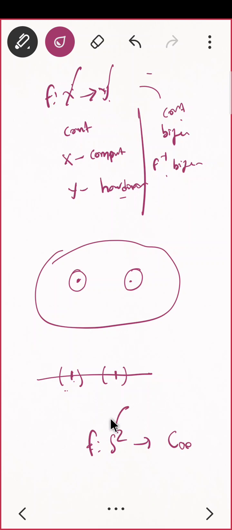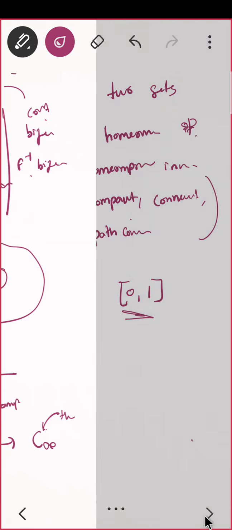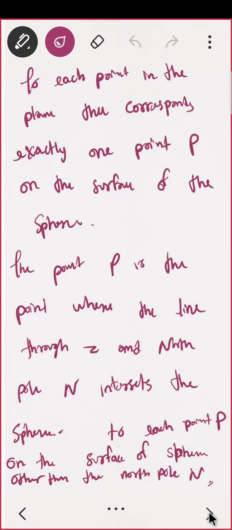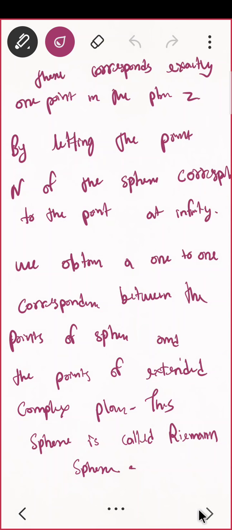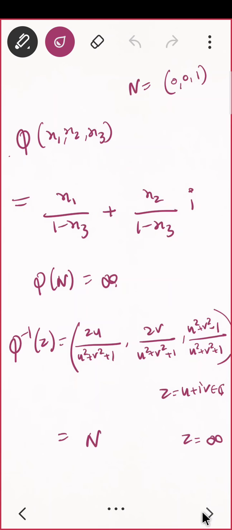So S2 is compact and C infinity is Hausdorff, and this function whatever we have defined, this map, you can say this is a map from S2 to C infinity. Okay, so this is a continuous map, continuous function, and this is what your stereographic projection is.